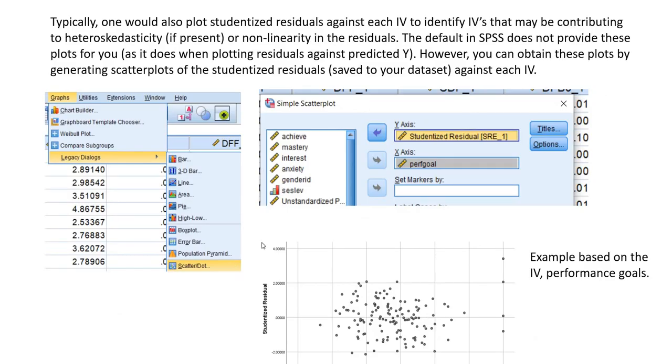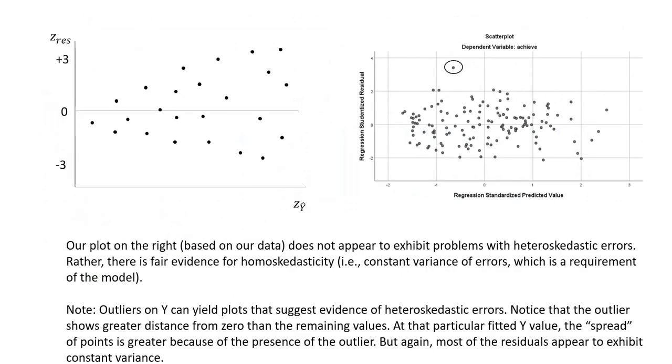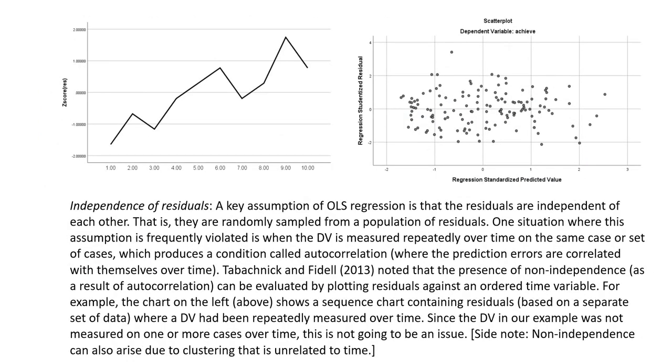Now I do want to bring up that, going back here to our studentized residuals, which we have right here for our plot, and talking about heteroscedasticity, this is basically the studentized residuals plotted against the standardized predicted values.